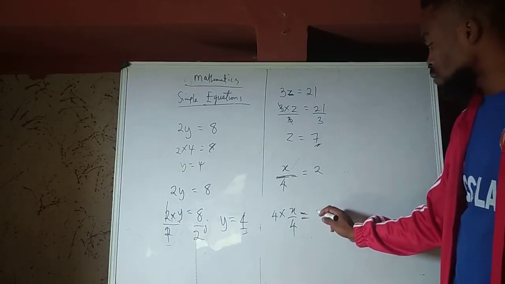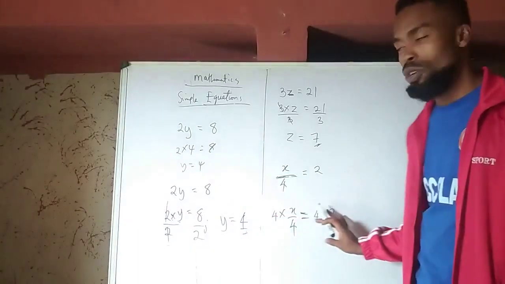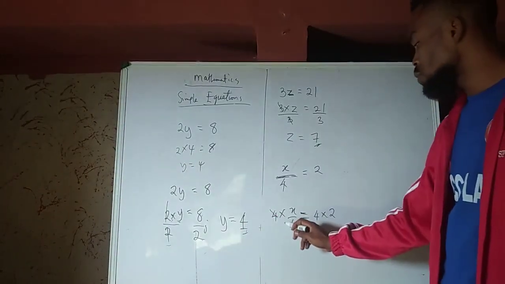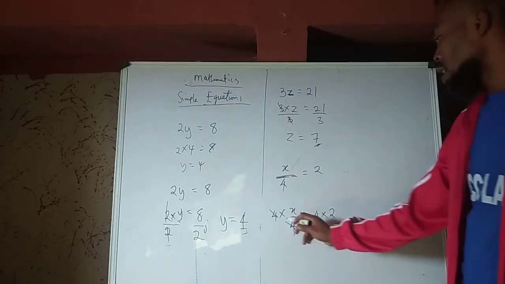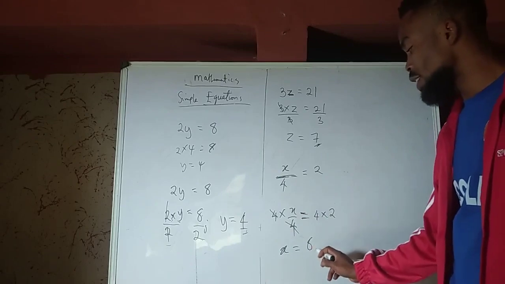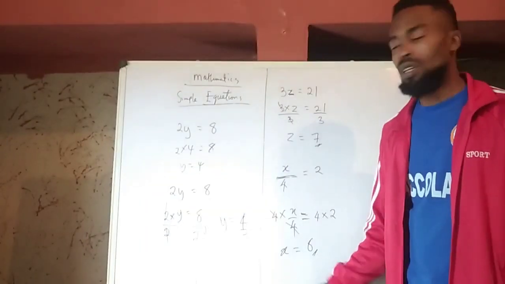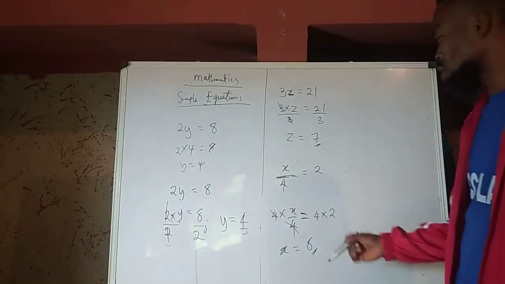Now this will be 4 times 2, because whatever we do to the left hand side, we must do to the right hand side. So this cancels this, and we are left with x equals 4 times 2, which is 8. It's as simple as that.